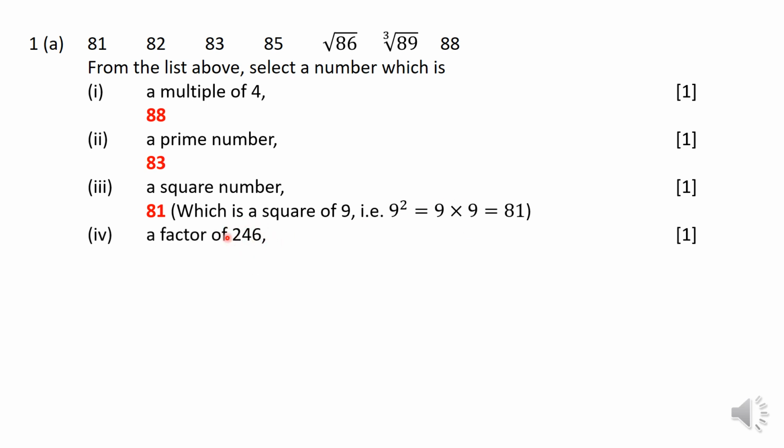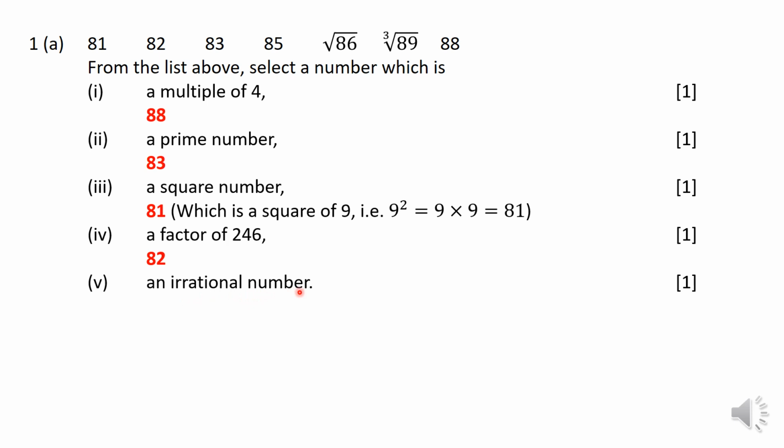Now, when you look at this particular question, you just play around. You take all your even numbers. That's one way of doing it, and divide an even number into an even number, or you can even add up the digits and so on. But it should be very easy for you to arrive at the factor of 246, which is 82.